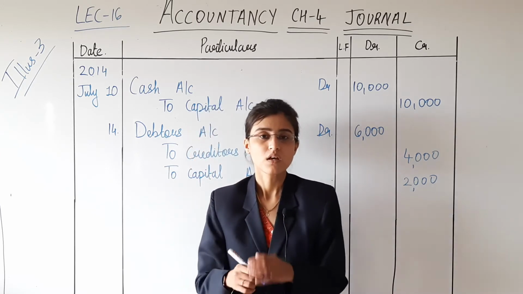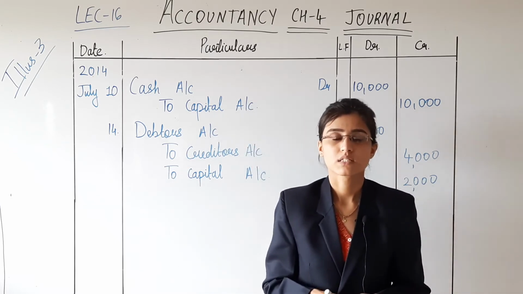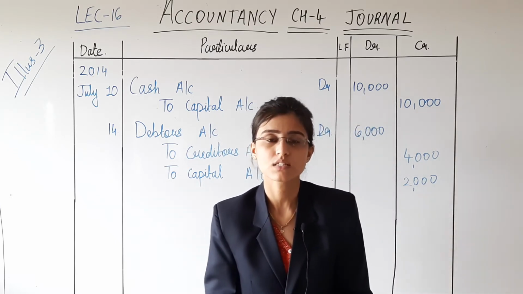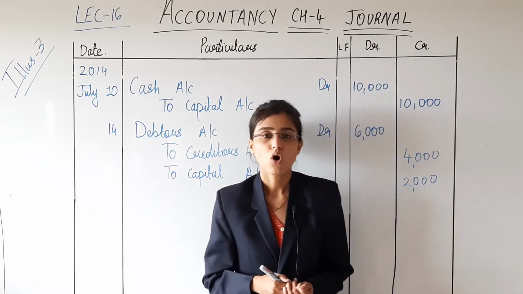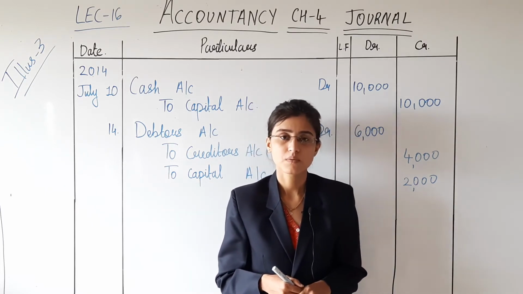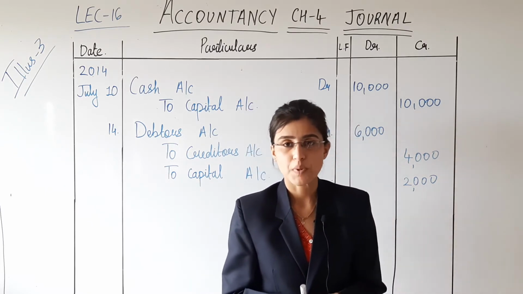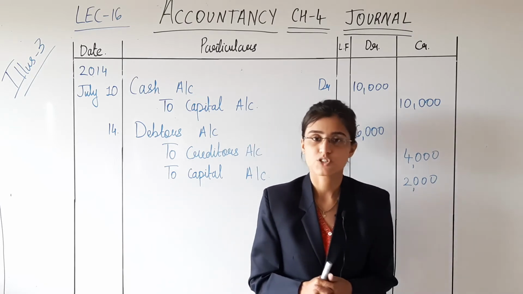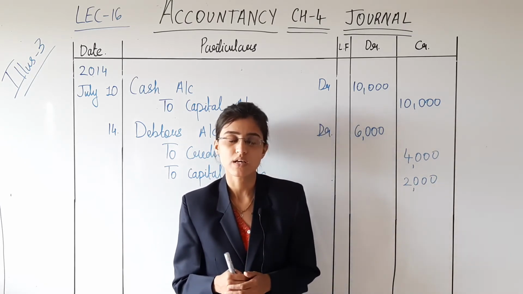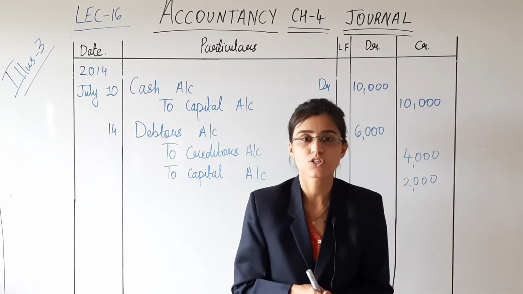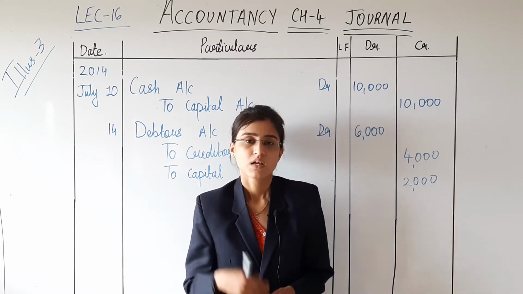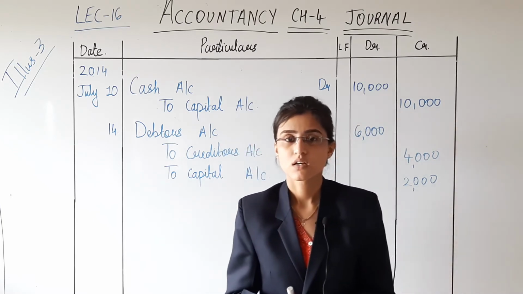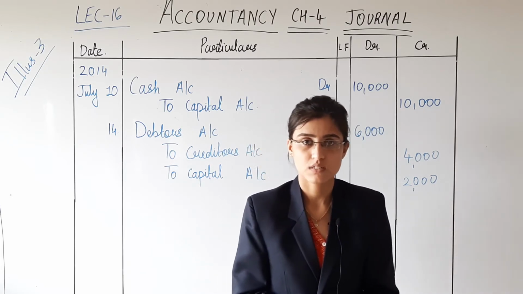Okay. Income tax is a personal expense of the owner. Yes. Income tax is paid. Firstly, this is a cash transaction. So, out of the two effects, one is definitely going to be cash or bank. Now, income tax is a personal expense.